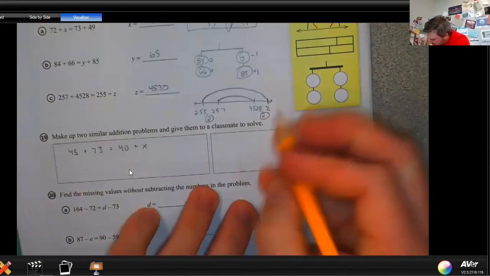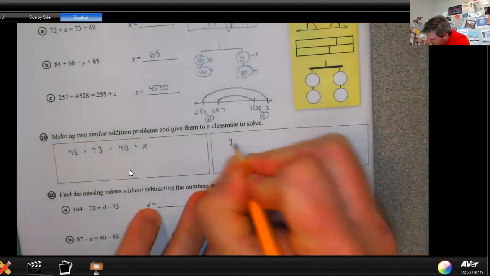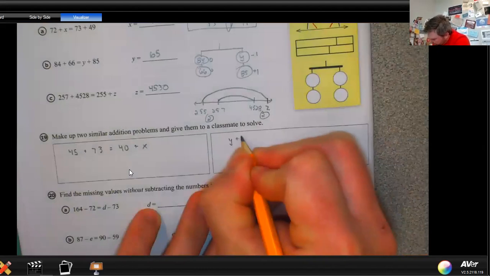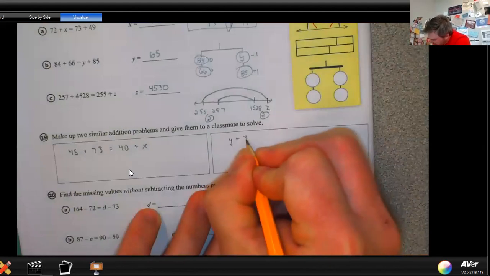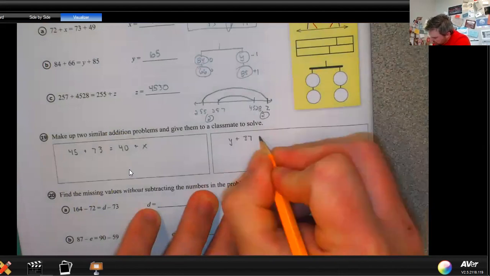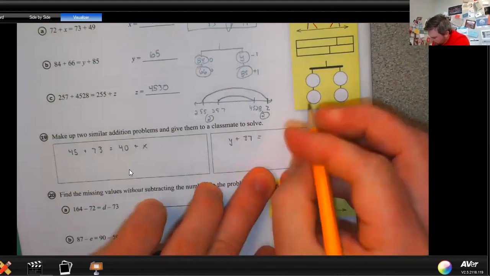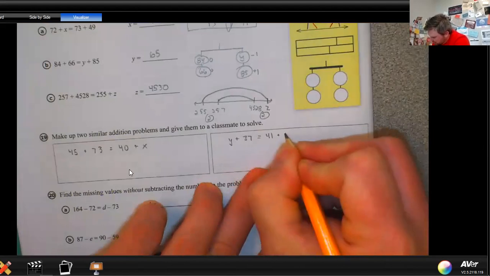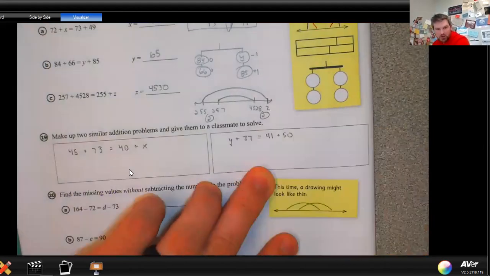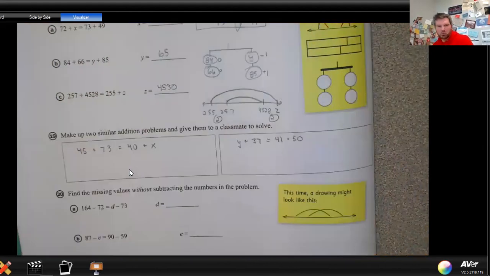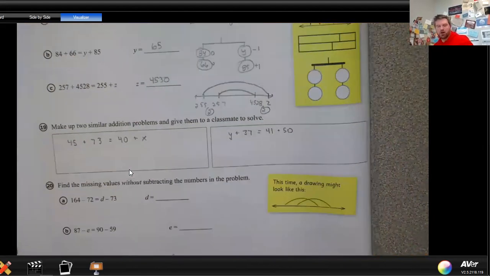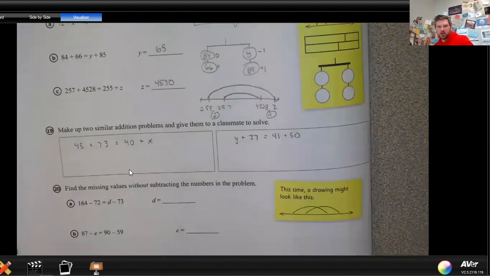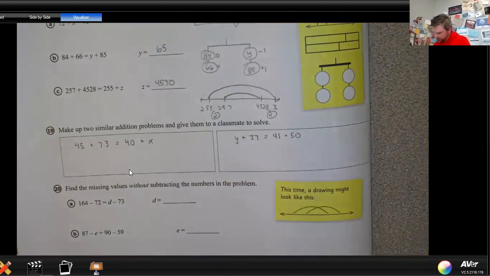And the next one, let's say y plus 37 equals 41 plus 50. Okay, there's a couple. At the end of the video, we'll come back and we'll solve these. So you can pause now and try them out. I'll come back at the end of everything and then work these out for you.